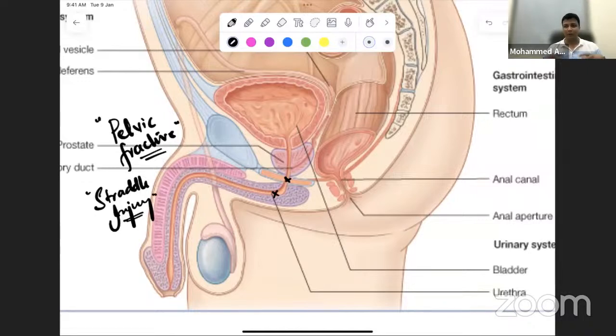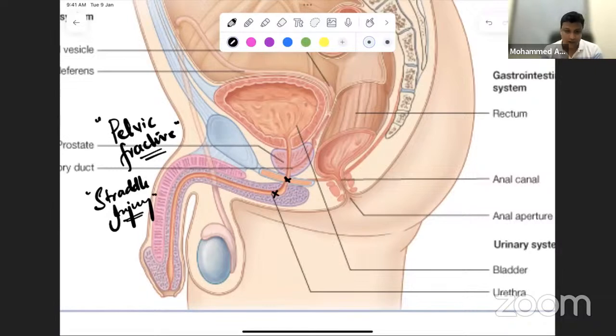So suddenly, while going on a bicycle, there will be a bump, and the bicycle suddenly goes into a pothole. So then what is going to happen? There will be a hit onto the perineum region, and the urethra gets ruptured, sir. So remember, what is going to be ruptured? Bulbar urethra.